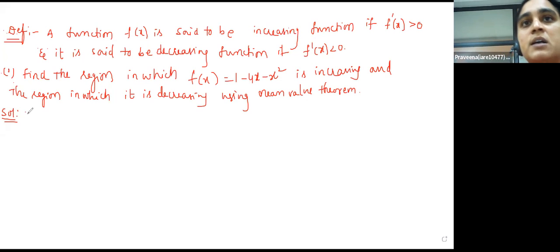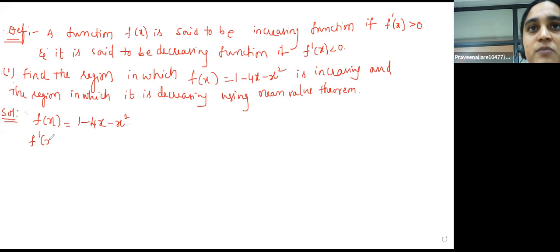Okay, what is the given function here? f of x is equal to 1 minus 4x minus x square. For that, first I will take the differentiation: that is minus 4 minus 2x. Once all of you see, ma'am, f dash of x becomes 0 at what value of x? Tell me anyone.